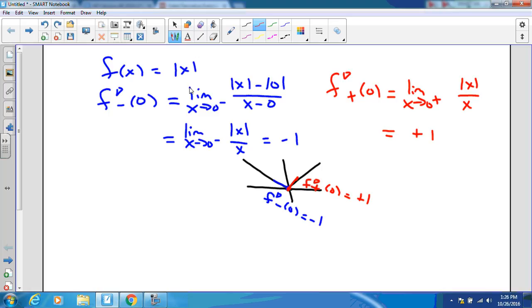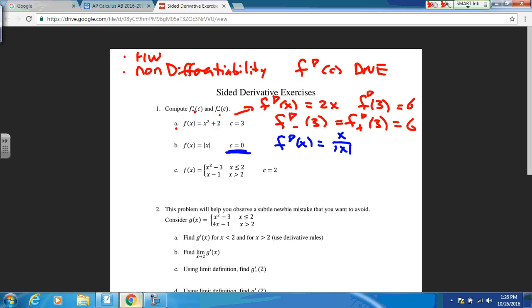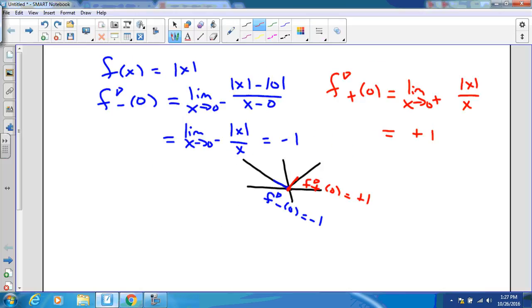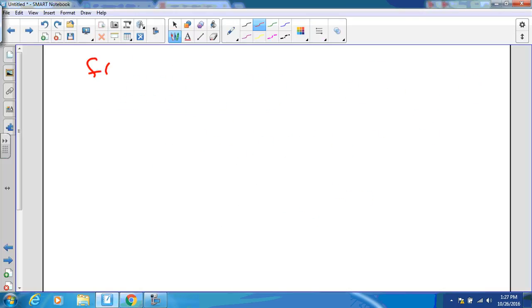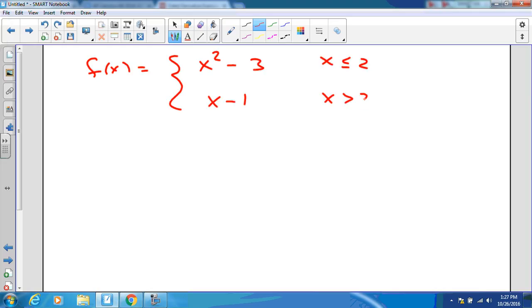Well, let's take a look now at the third question in A. Here, f of x equals x squared minus 3, x is less than or equal to 2, etc. And I'll copy this one to the notebook as well. Okay, and so here is our f of x.